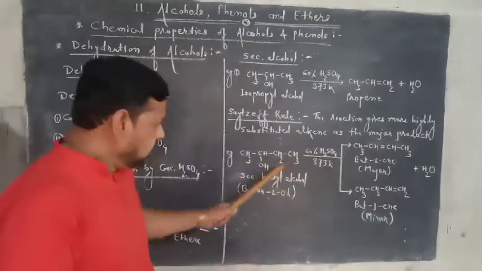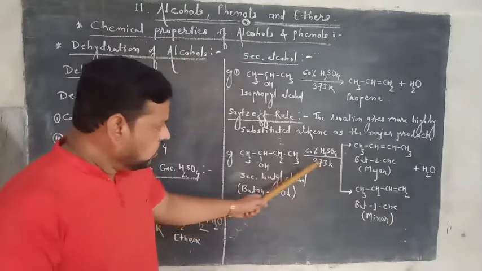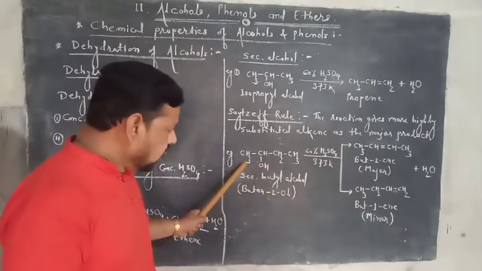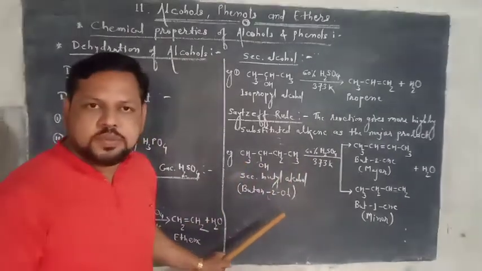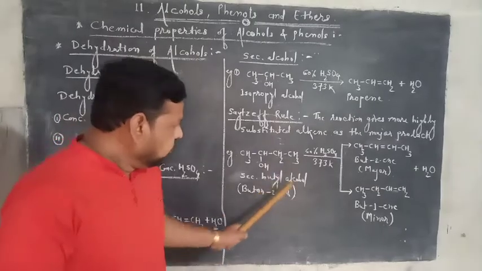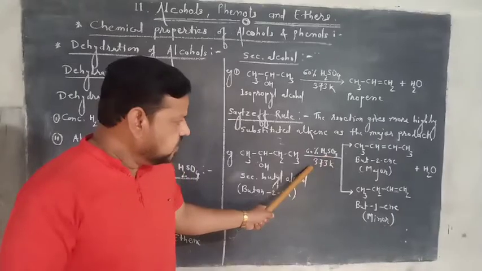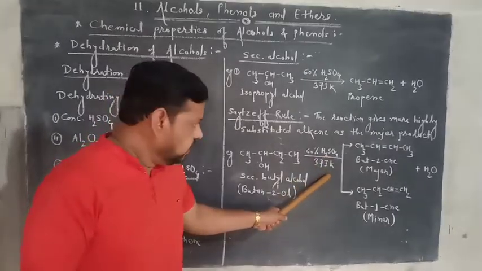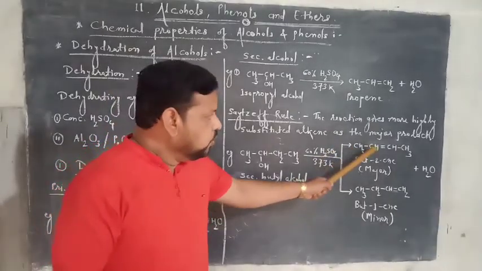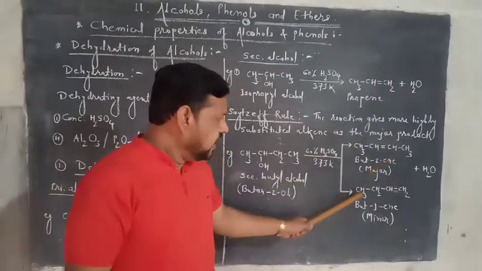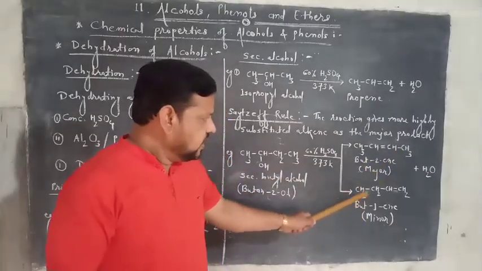See here, the secondary butyl alcohol, as you know, is also called butan-2-ol. This butan-2-ol is heated with 60% H2SO4 at 373 Kelvin temperature. Then it gives but-2-ene and but-1-ene.